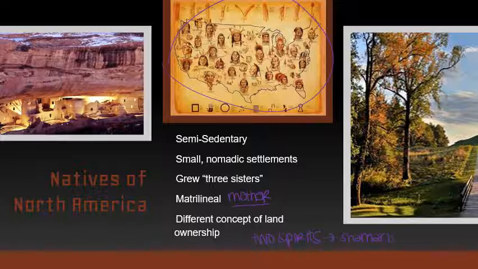Two spirits were called two spirits because they had the sex of one and the gender of another, and so it meant that they were spiritually more connected to the gods. And so that's why a lot of the time they were shamans. This is just a really interesting facet, I think, of Native American culture.